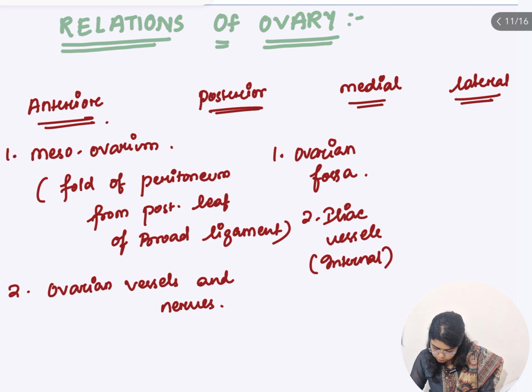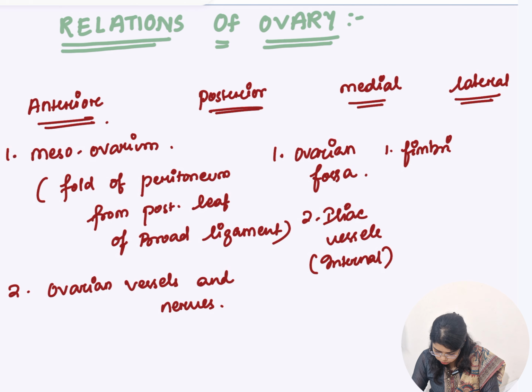What are the structures present medial to the ovary? That is the fimbrial part, I've told you. And laterally the ovarian fossa.